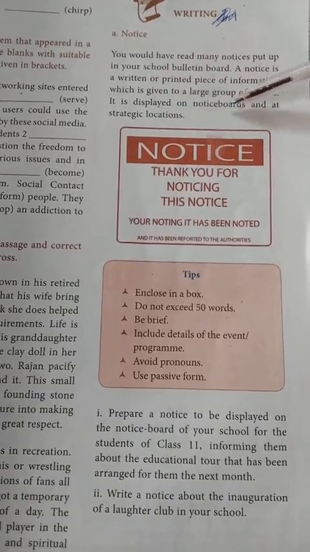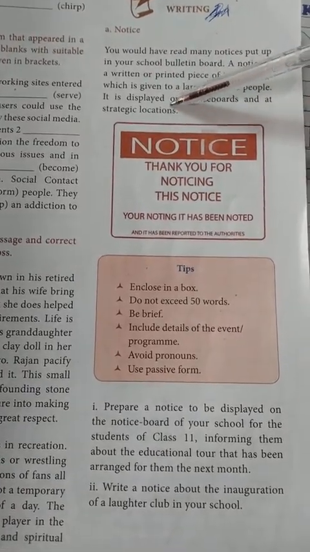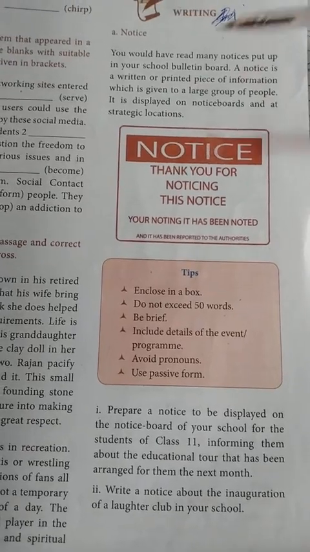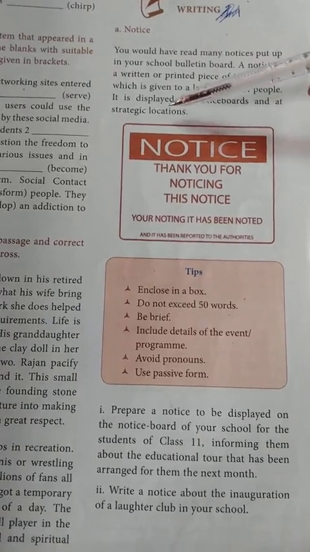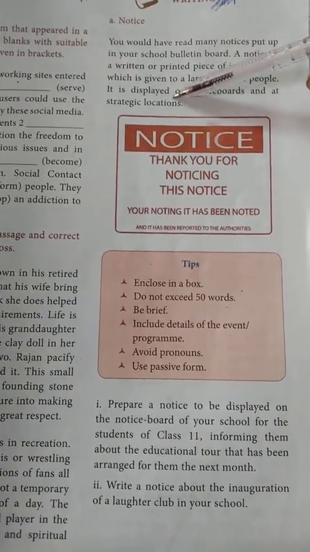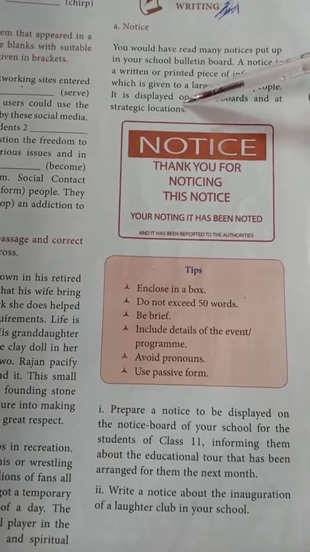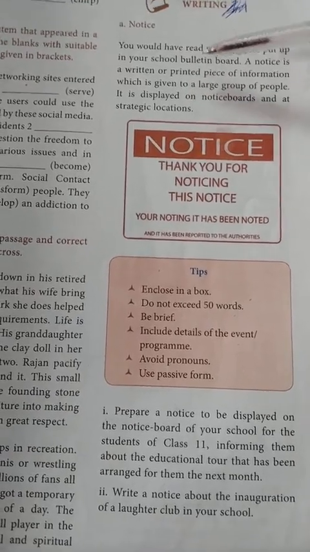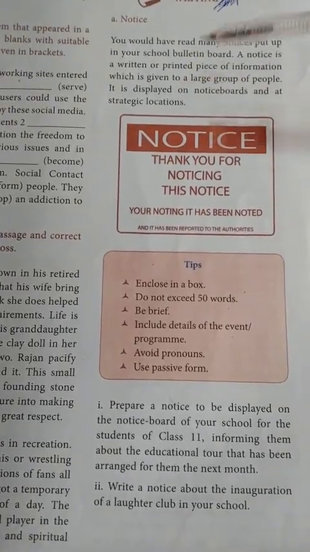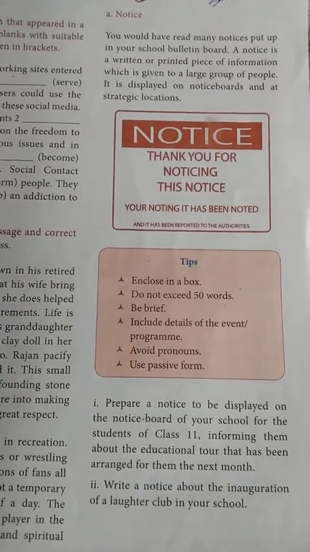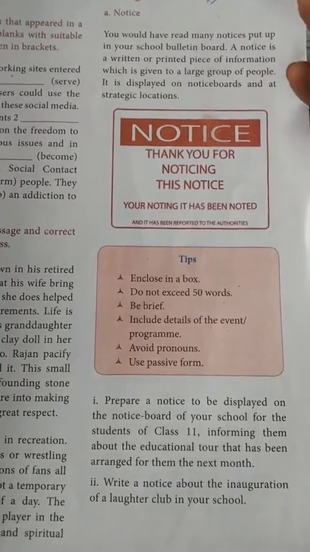So it is given to a large group of people. It is displayed on a notice board at a strategic location. That means everyone can see it. So a notice should be displayed in a place that everyone can access. Strategic location means a place everyone can easily come to, or easily access.